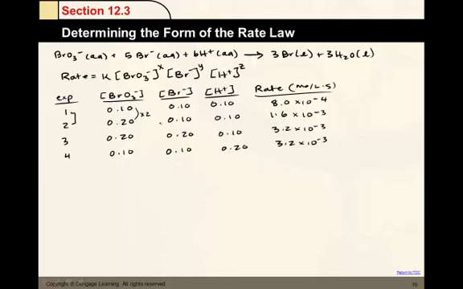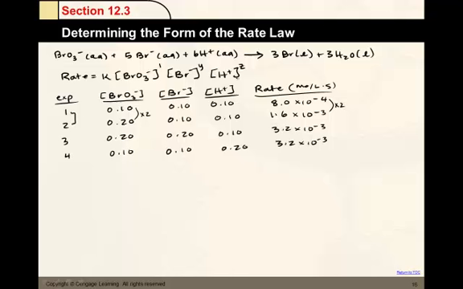So you can say, all right, if I isolate experiment 1 and 2, and I can see how BrO3⁻ is changing, and I can see how the rate's changing, that might give me a clue to what order the reaction is in terms of BrO3⁻ ion. So I doubled BrO3⁻ from 1 to 2, and the rate also doubled. That means it's a 1-to-1 relationship. So therefore, the exponent there is a 1, or as you will see, 2 to the first power. I'll show you that in a minute.